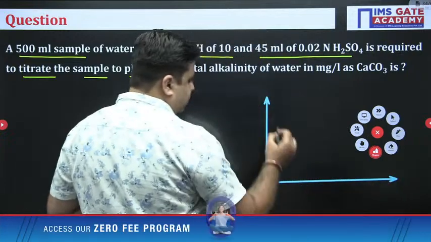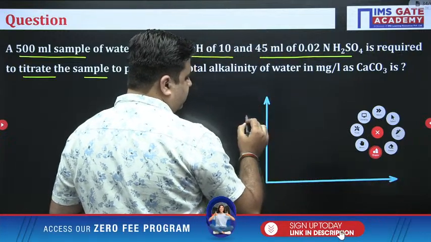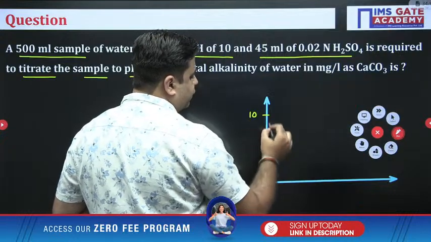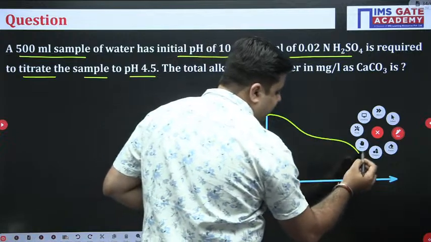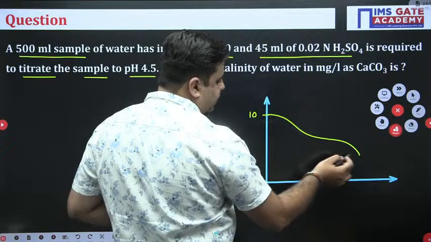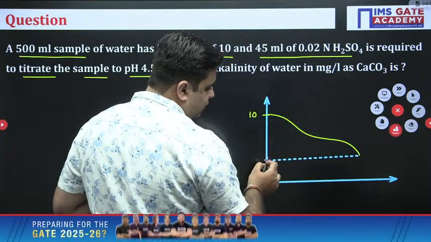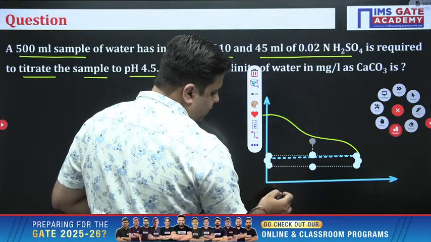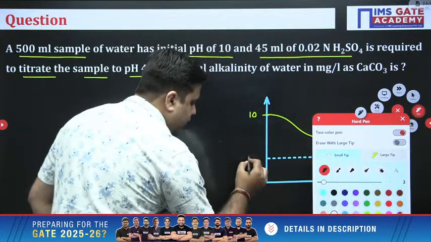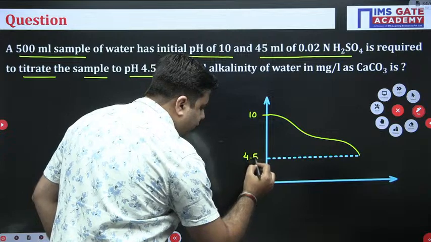Initially, you start at a pH of 10, then first and second stage of titration like this. And at the end of second stage of titration, the pH of the water sample is 4.5. This pH is 4.5.